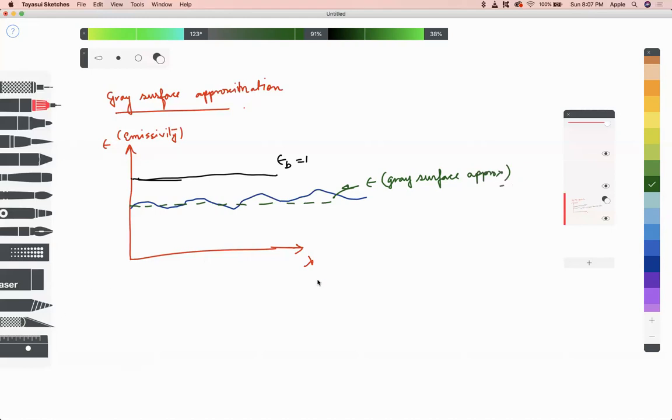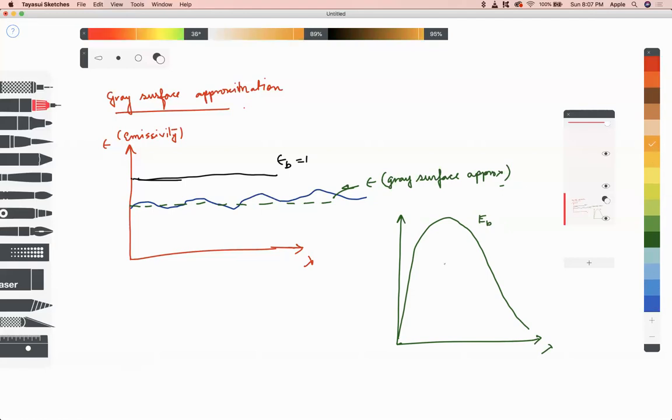The same thing goes with respect to emissive power also. Normally this is lambda. Normally a black body will give a curve like this. Now for a real surface, the curve will come like this.